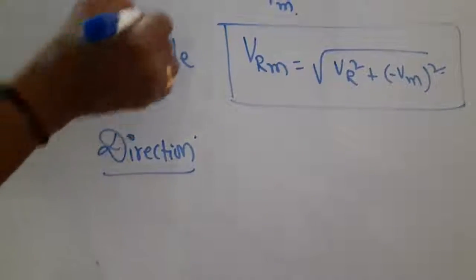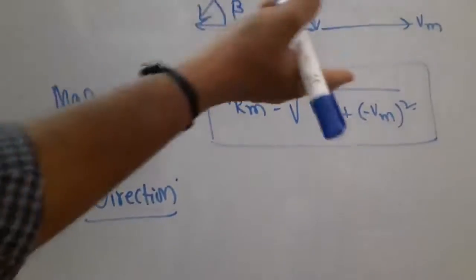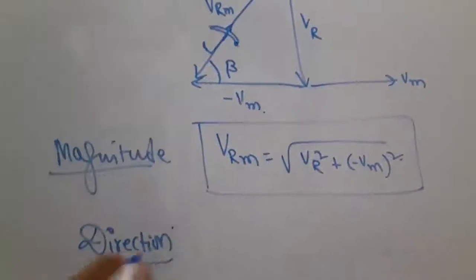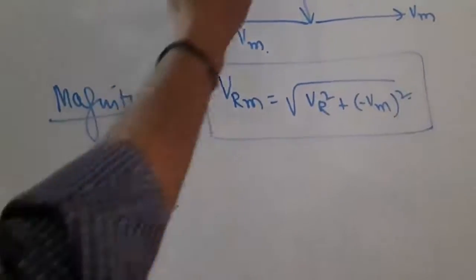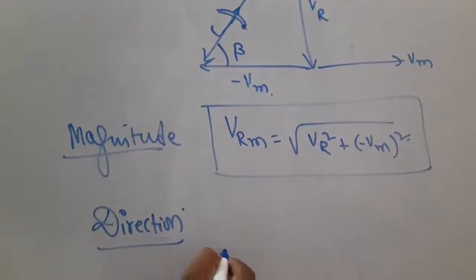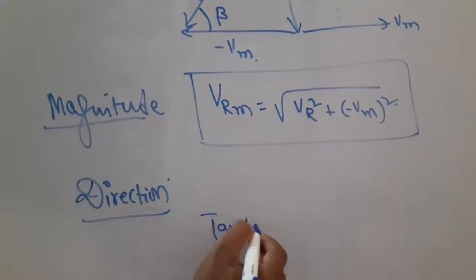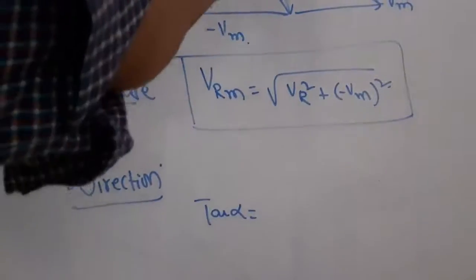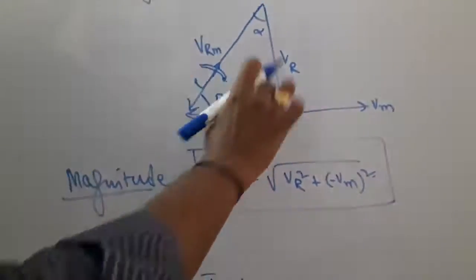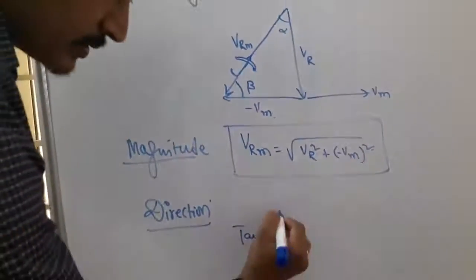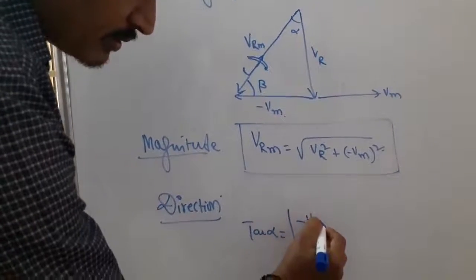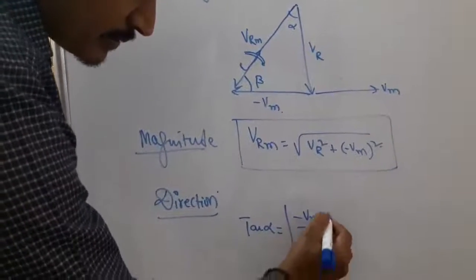Direction we can indicate with cos alpha, sin alpha, tan alpha. So here tan alpha is equal to opposite side by adjacent side, that is minus Vm divided by Vr.